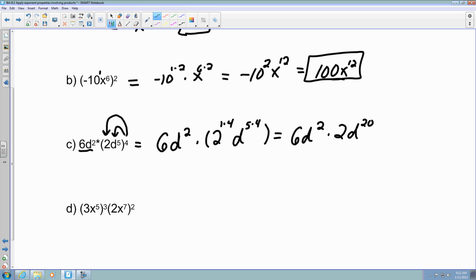Okay, so now I have multiplication here of 6 times 2, so that gives me 12. And now I have same base of d, so I can incorporate the product of powers property, which means that this is d to the 2 plus 20, so then this can equal 12d to the 22nd.